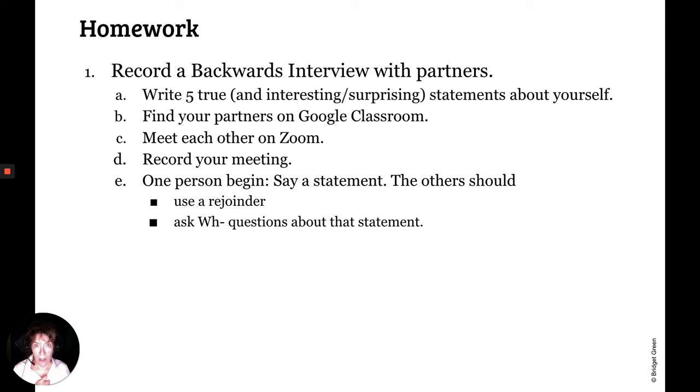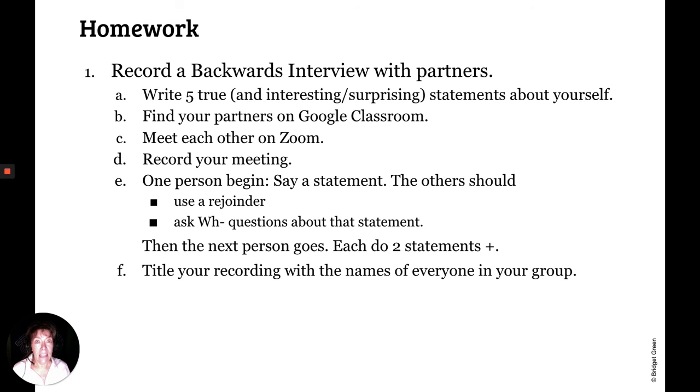Watch your recording and notice if you are getting your WH questions correct. And if you need more practice, I will help you. Then it's the next person's turn, and title your recording and upload the recording on Google Classroom.